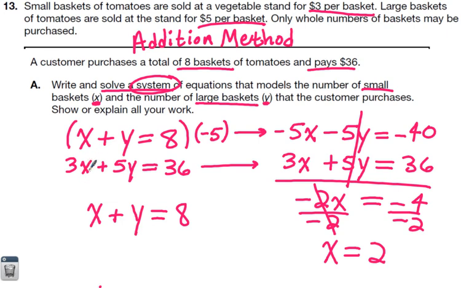Now that I know that x is actually a 2, I can plug in 2 for x. This is what you should do in general. And I'm definitely going to pick this equation. I know, and I hope you do too, that it's going to be a much easier process of plugging in 2 for this x and solving for y to get 6. So you get the same answer. No surprise there. You should.